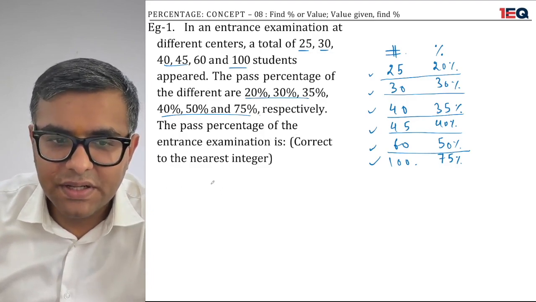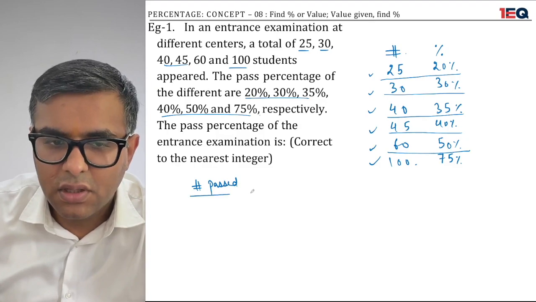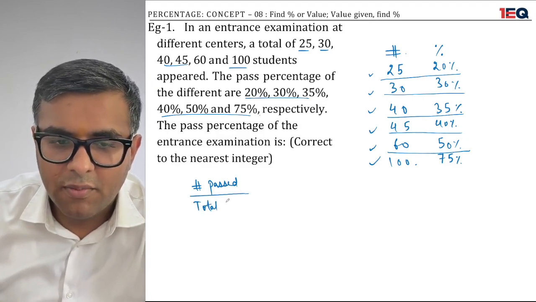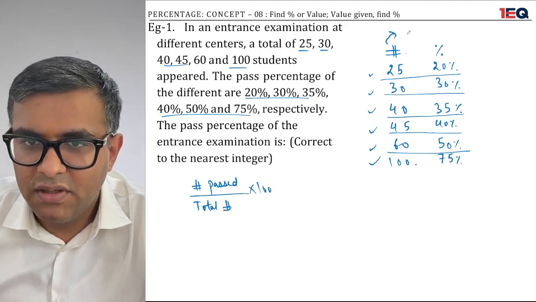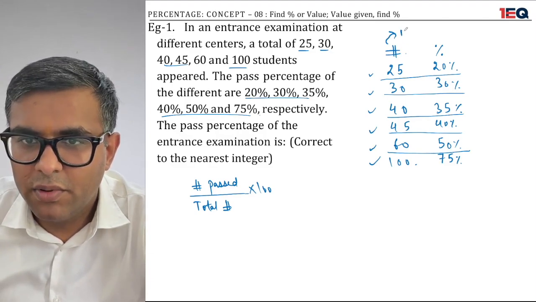The pass percentage would be the number of passed students divided by the total number of students, multiplied by 100. This hash symbol, I'm using it to denote number.